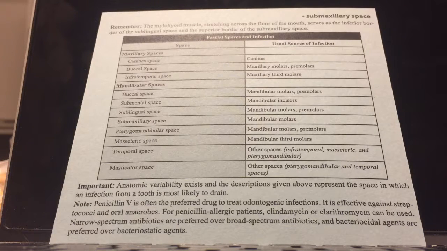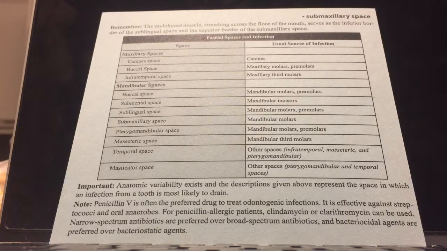Facial spaces and infections. The spaces are on the left, and the usual sources of infection are on the right. In maxillary spaces, there are canine, buccal, and infratemporal spaces. For canine spaces, the usual source of infection is the canines.